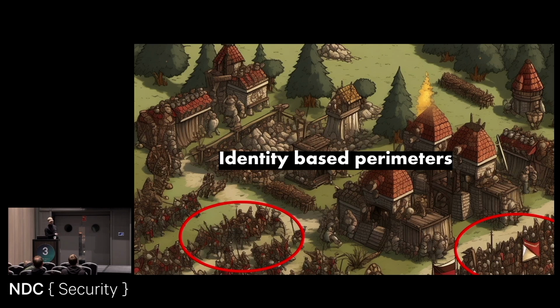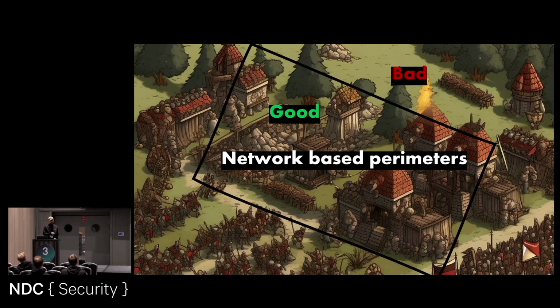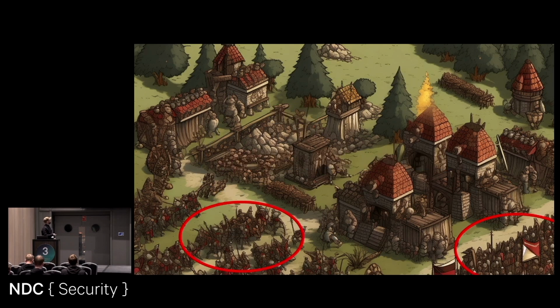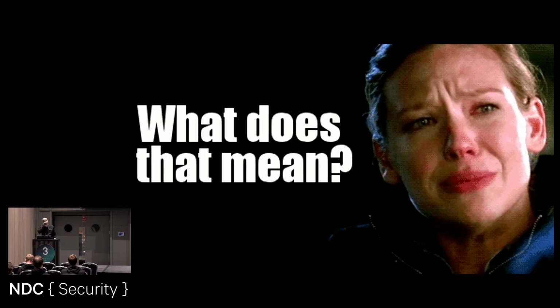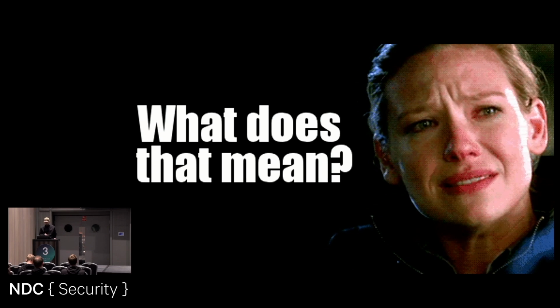And the reason for this is that we can no longer define our companies by these square boxes anymore, because we don't control all the network nodes where people are working from, because they are working from home and from other places, and we're using cloud providers, we're using SaaS services. So it's impossible to draw a line and say, this is mine, because everything is everyone's in a sense. So what does that mean?